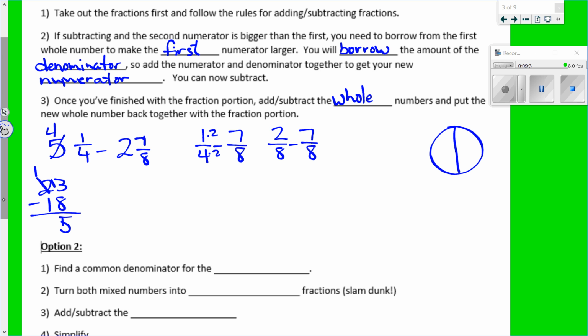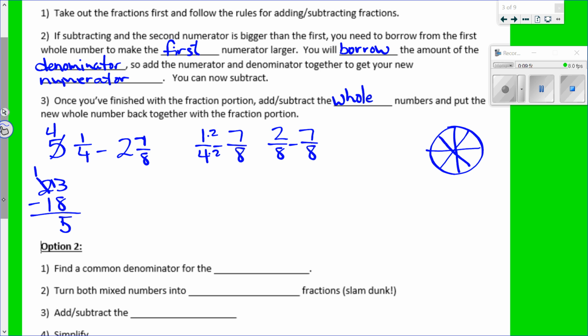If I had fourths, how many fourths would I have? 4 fourths, right? Could I make it eighths? Yes. How many eighths would I have? 8. Is everybody okay with this? Yeah. Because I have borrowed a whole, I can make it anything I want to. I can cut that 1 whole up in any amount of pieces I need to. Is everybody okay with that?